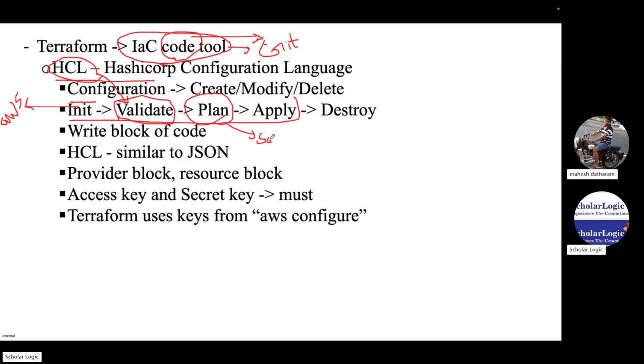For example, if we write code for creating an EC2 instance, it will display that we are going to create an EC2 instance. It is necessary information that you need to know before running the apply. So it will just give you an idea of what is going to be created. If you are okay with everything, then you go and do the apply stage.